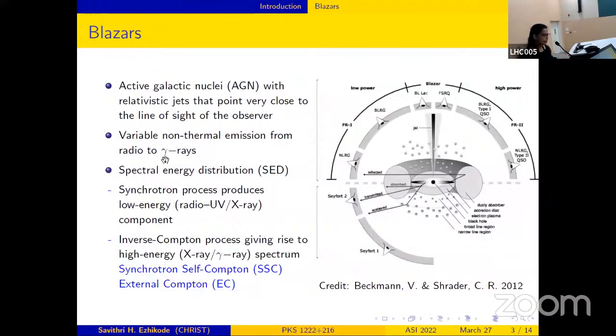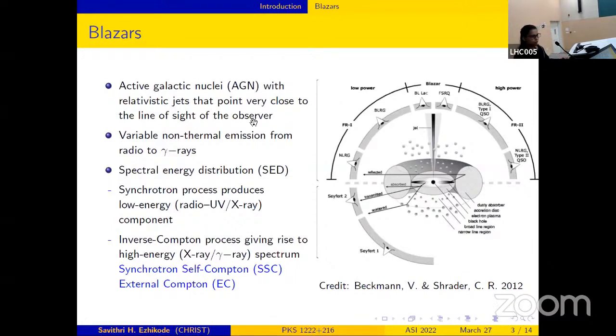And considering the spectral energy distribution of blazars, it has a double hump structure. One low energy component which peaks in the radio to X-ray band, and one high energy component that peaks usually in the X-ray and gamma ray band.